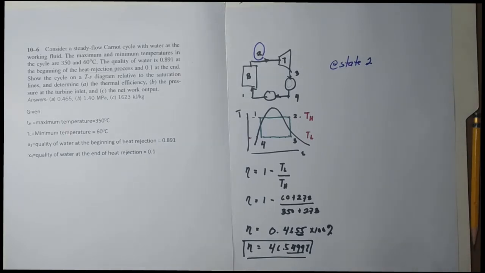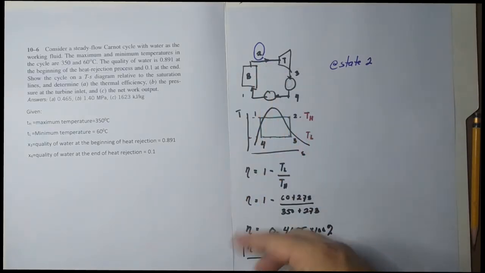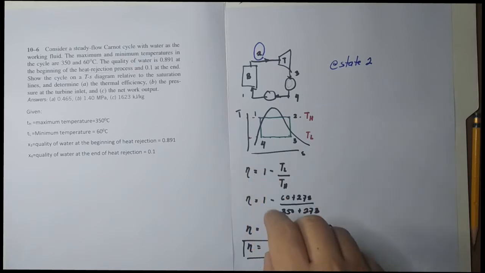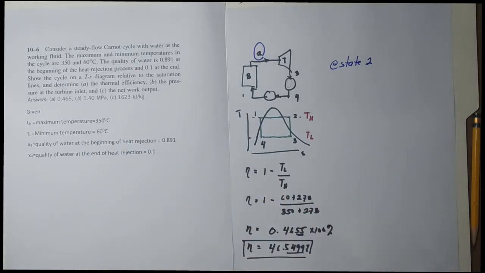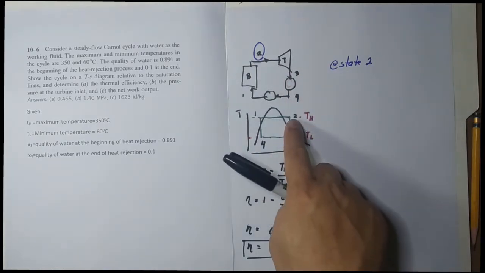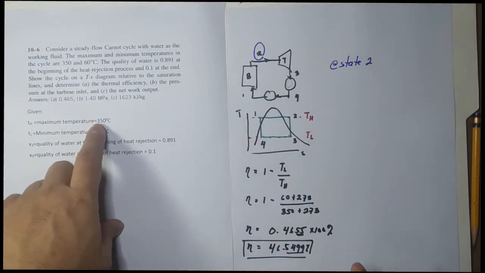what are the properties that are given? P2, pressure 2, is unknown. What other properties? You need two properties to get the other properties of water. In this case, you have the temperature at 2, the TH, that is the maximum, 350.